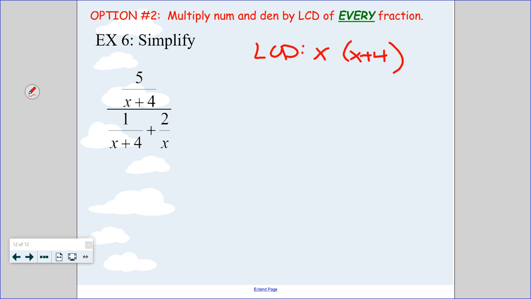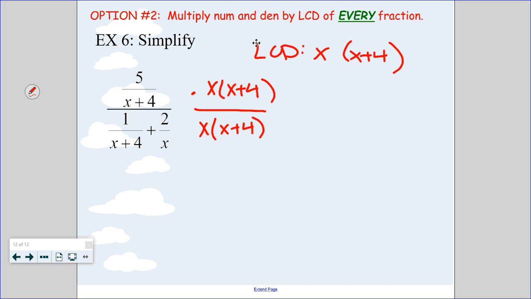Now we're going to multiply the numerator and the denominator by that, so we're multiplying by 1 and not changing any values. I'm going to multiply by x times x plus 4 over x times x plus 4.